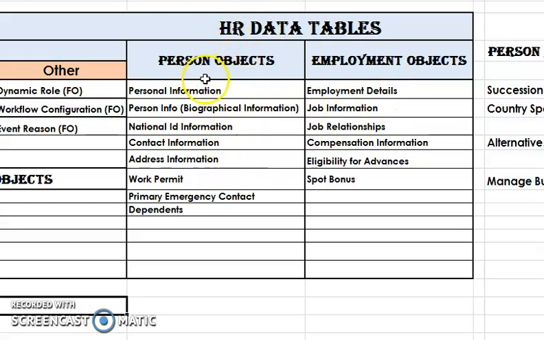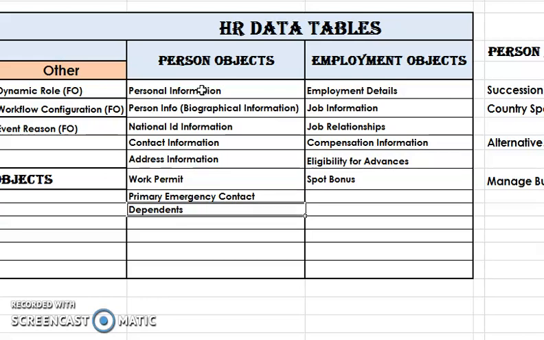In the person objects we have 8 objects, and coming to employment objects, we have 6 objects. In the person objects, we have personal information, that is biographical information, national ID information, contact information, address information, work permit, primary emergency contact, and dependents.